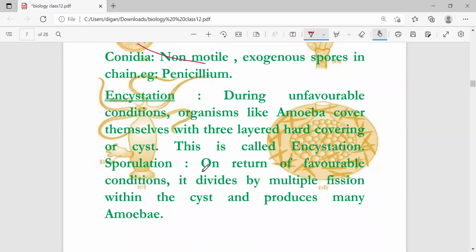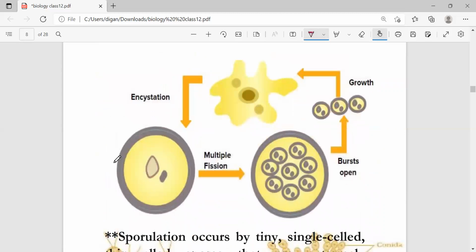Then encystation. During unfavorable conditions, organisms like amoeba cover themselves with a three-layer hard covering or cyst, and this is called encystation. So this is the structure. It means during unfavorable conditions, what happens? Look, this is the amoeba. When unfavorable conditions come, they form a hard coating around themselves so that they can survive.